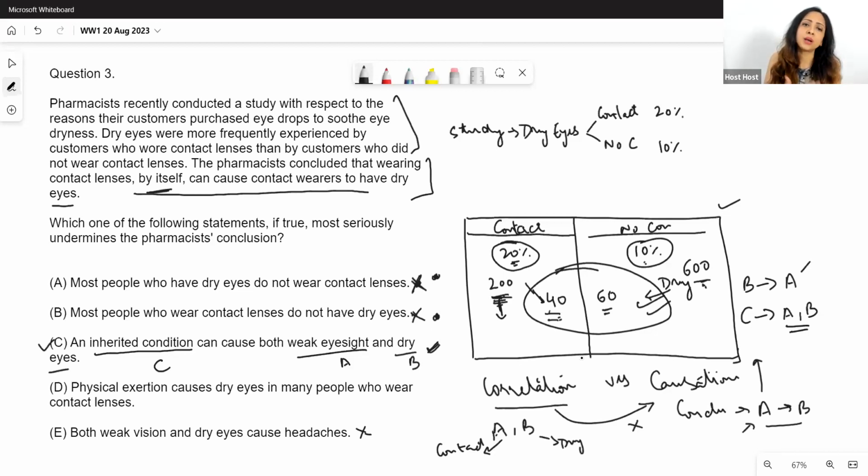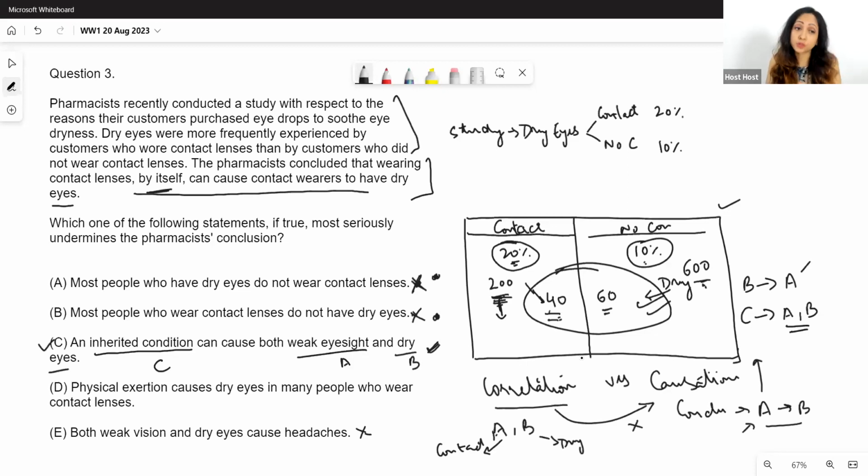Dry eyes in people who wear lenses versus dry eyes in people who do not wear lenses. Does it give us a point of comparison in the two situations? It doesn't. It only tells us how it impacts people who wear contact lenses, but it does not say that it doesn't cause this effect in people who do not wear contact lenses. It is possible that physical exertion could be causing dry eyes in everybody. So that is why D will not be my answer.